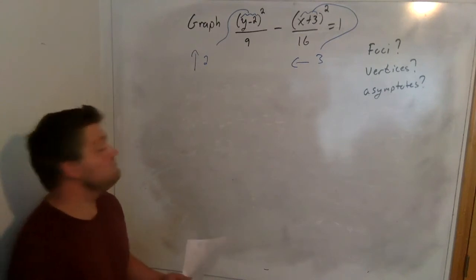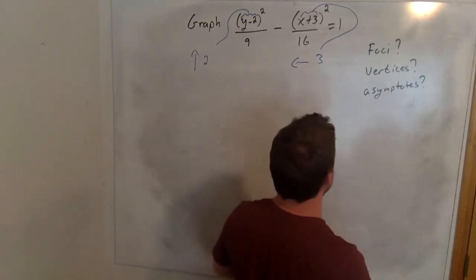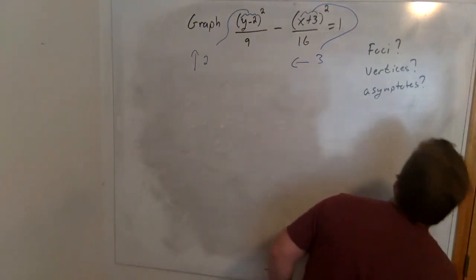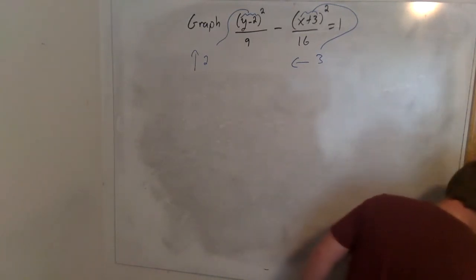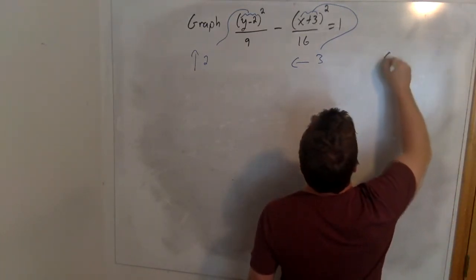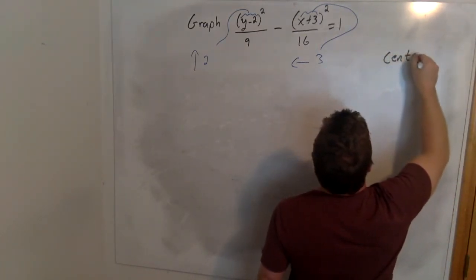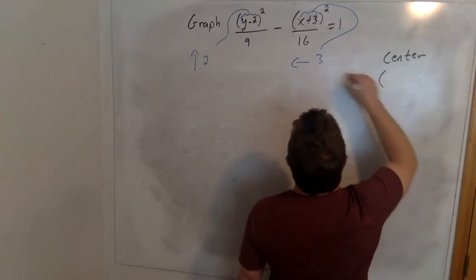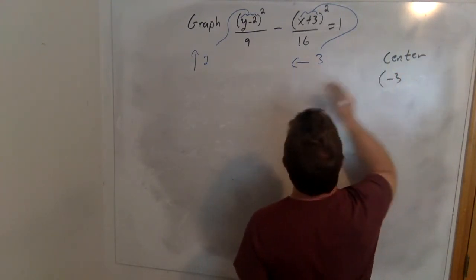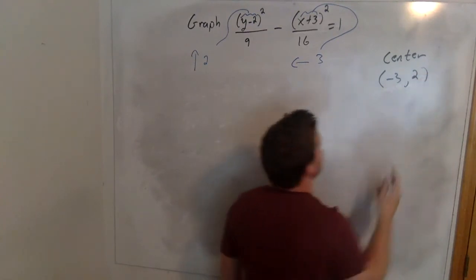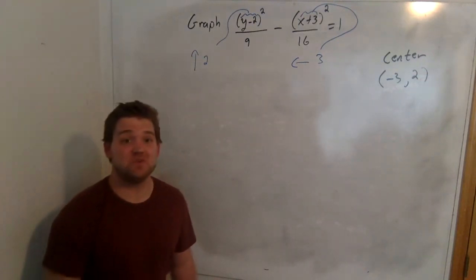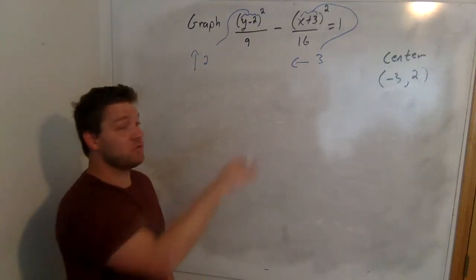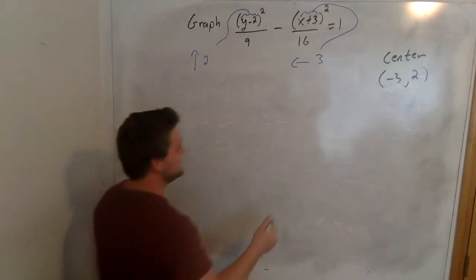So our center, in this case, maybe I'll record that over here, give ourselves some room, the center will be at -3, 2. So now once we find our a's and our b's, we're going to make all those measurements from our new center. Okay, let's do it.